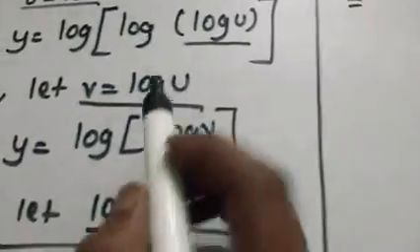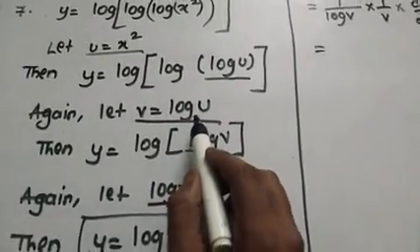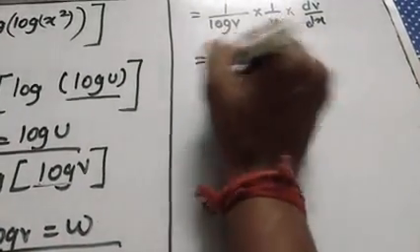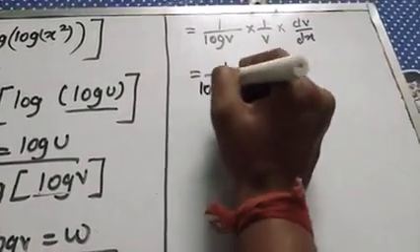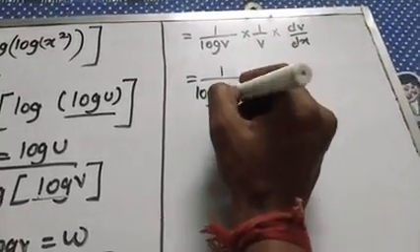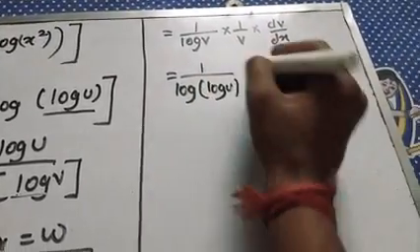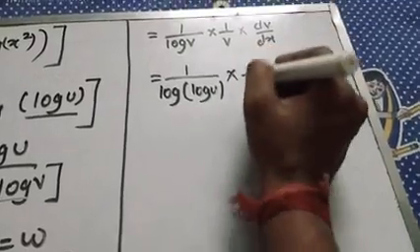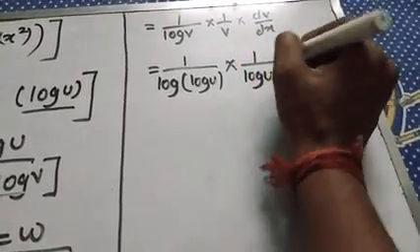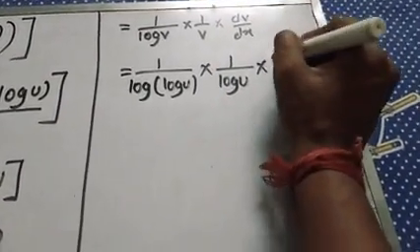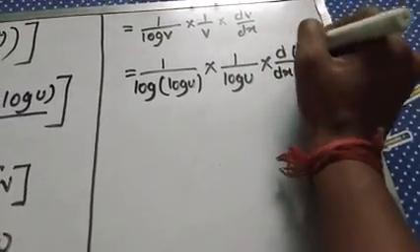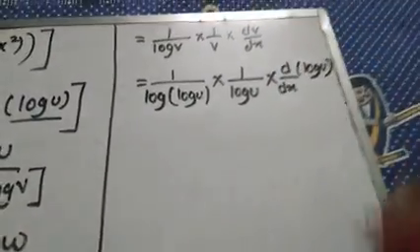So now let's put the value of v. What was the v for us? V is log u. Just putting that value, wherever you see there is v, we'll write here log u. Here is also v, we'll write here log of u, and here also v, we'll write here d dx of log u.